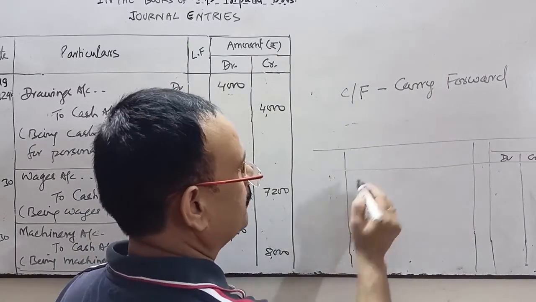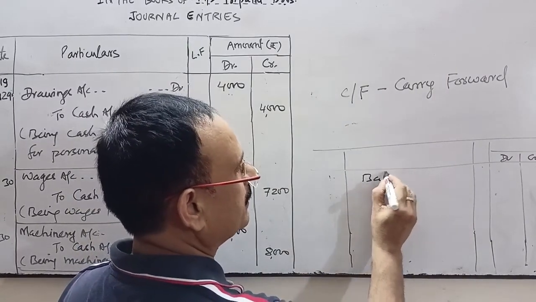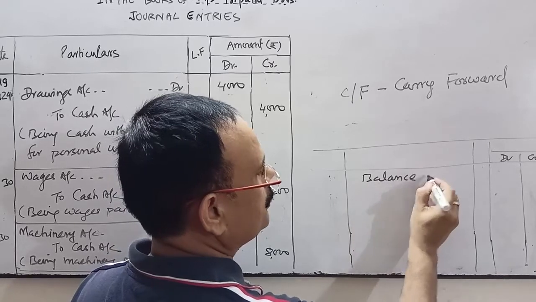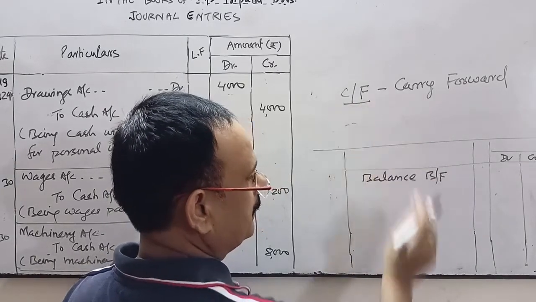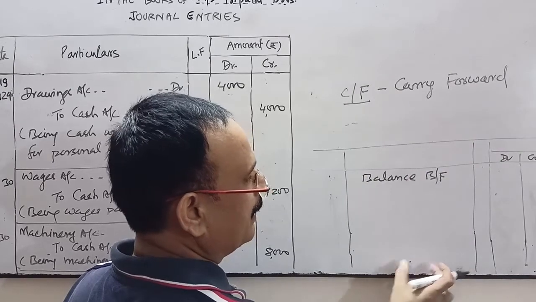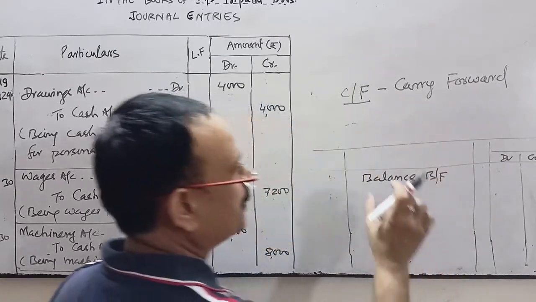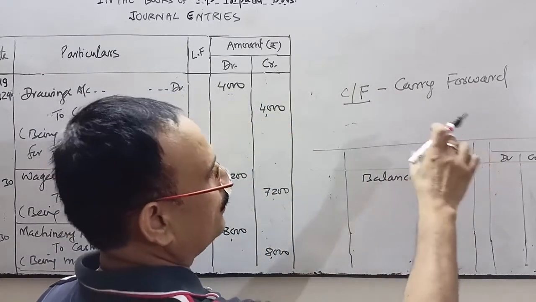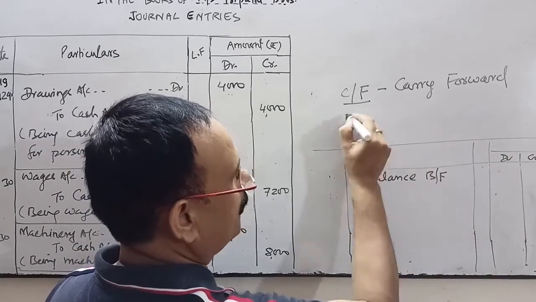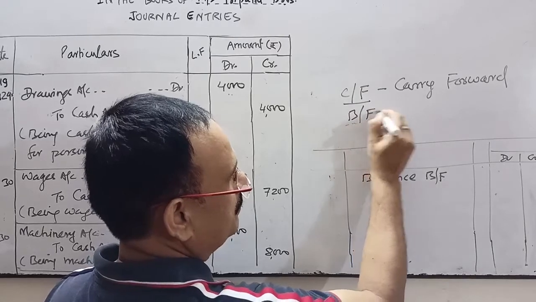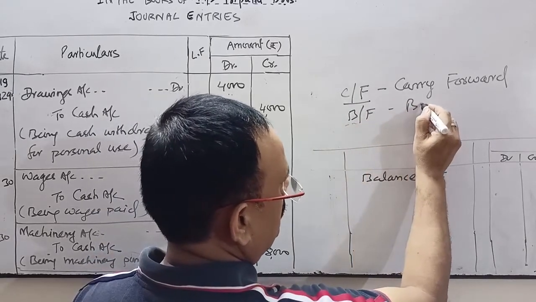Here balance will be brought forward. Here we write carry forward, and when the same balance we are transferring to the next page, we will write the balance brought forward.